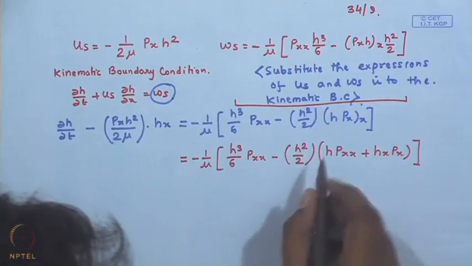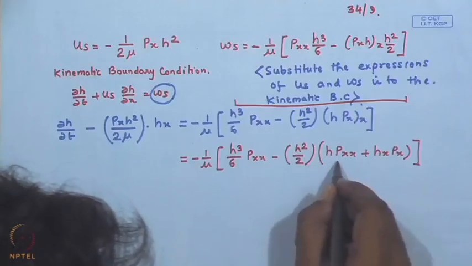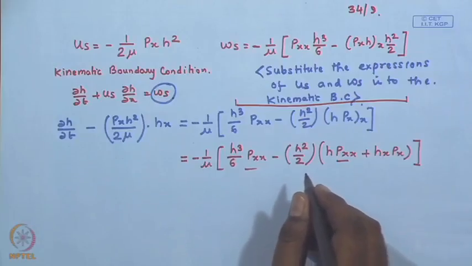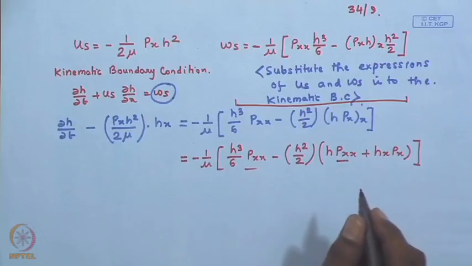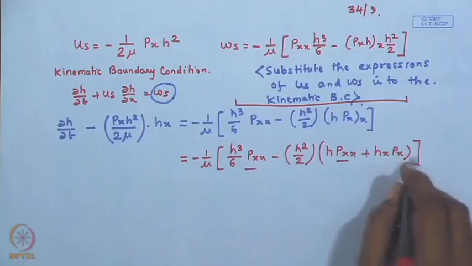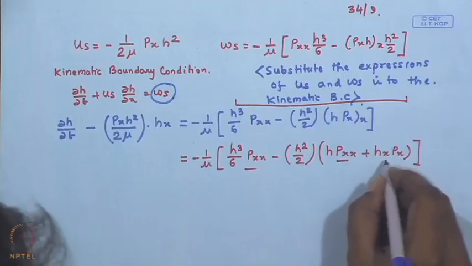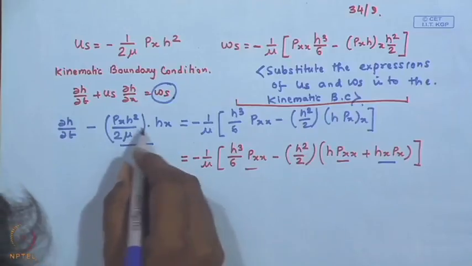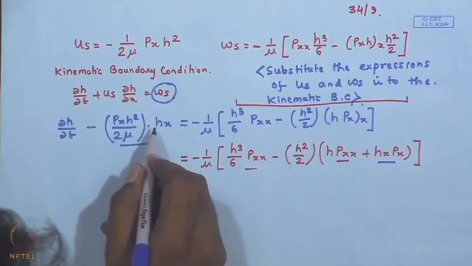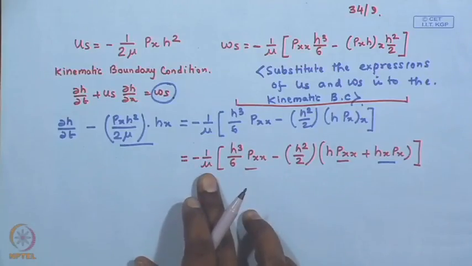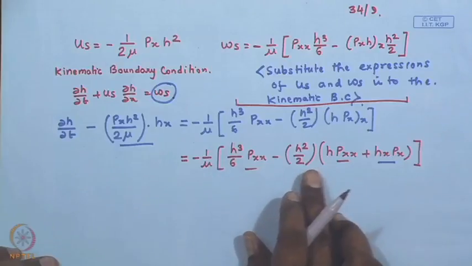So, if you do that, you find that these two terms actually combine. This term on the other hand has an hx px multiplied by h², and this term also has hx px multiplied by h². So, this also has the same prefactor of minus half, but this minus gets added with a plus.